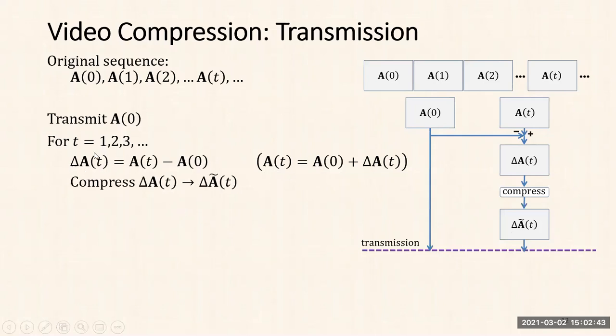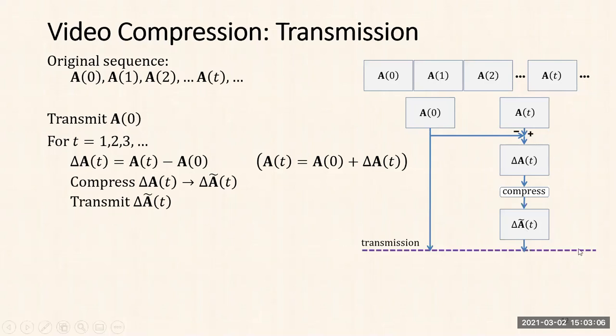But what we do is we compress this delta A_t using SVD, and after the compression we get delta A tilde t. Then this one is transmitted.